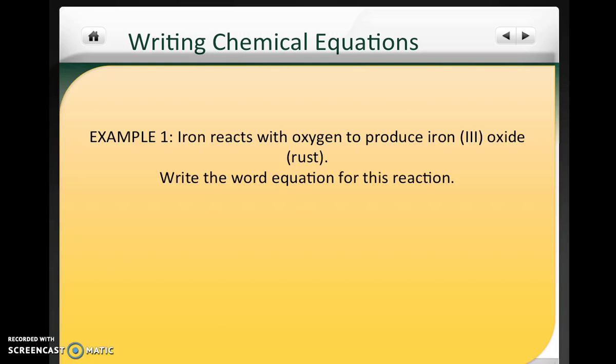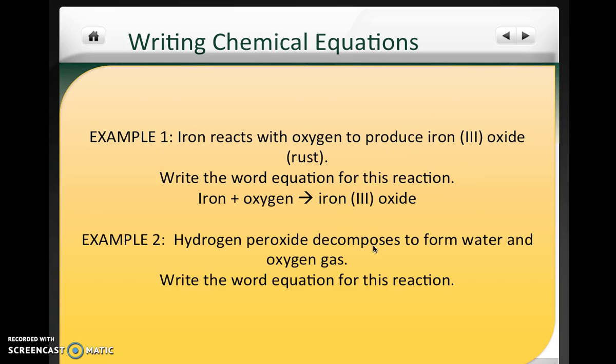So now examples. Iron reacts with oxygen to produce iron(III) oxide, which happens to be rust. So to write the word equation for this reaction, you just separate the reactants by pluses. We have iron reacts with oxygen, so these two are together, yielding or producing iron(III) oxide.